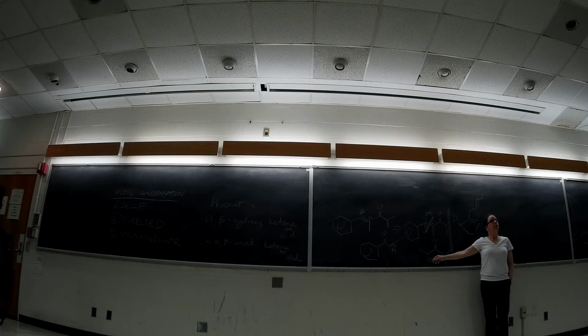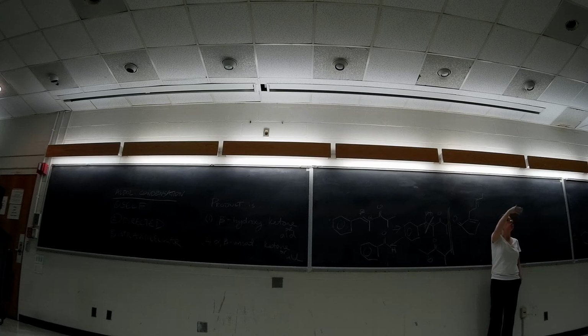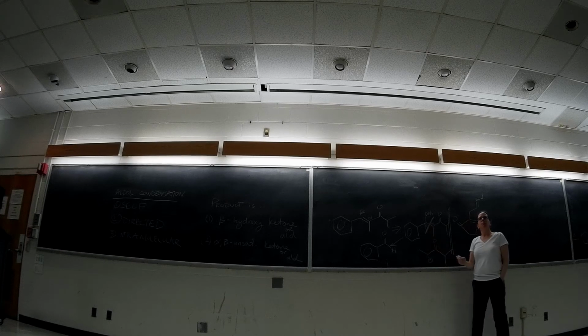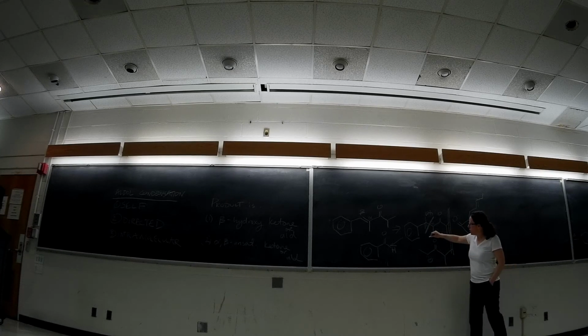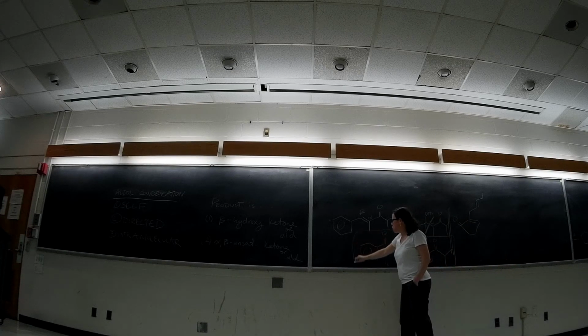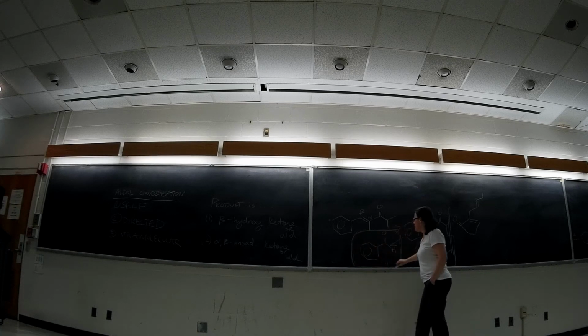So you could check, right? You could check by doing the attack in the forward direction and ensuring that you're going to get to this product. But if you do enough practice, you should write into this as your donor and this piece as your acceptor, right? And so now, what does that mean?